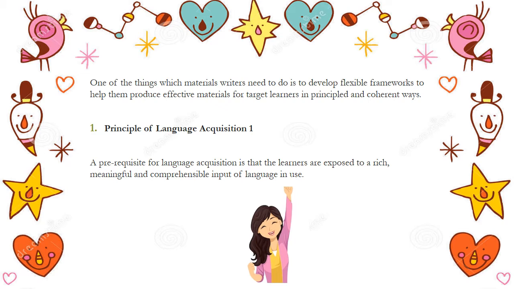This means that in order to acquire the ability to use the language effectively, the learners need a lot of experience of the language being used in a variety of different ways for a variety of purposes.